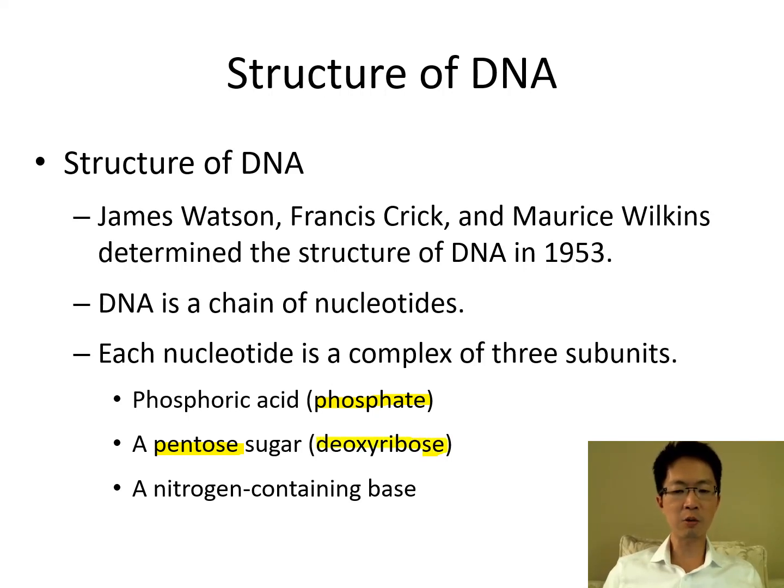We'll explain why we call it deoxyribose. From the name, we can tell that it doesn't have an oxygen. This sugar does not have an oxygen. We'll show you the structure later. And then, last but not least, we have the nitrogen-containing base, or some people call it a nitrogenous base.